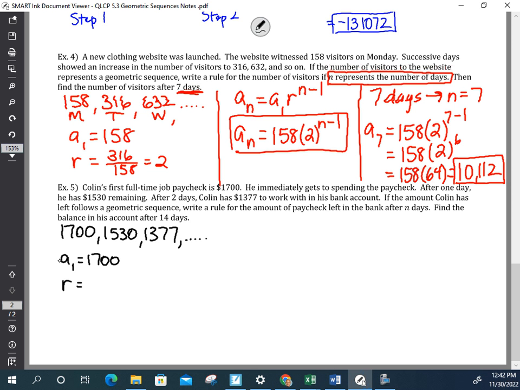His R value is 1,530 over 1,700. Again, this time it's not a simple number to figure out, but we have a way around it. So it's 0.9. We've got our A1, we've got our R.